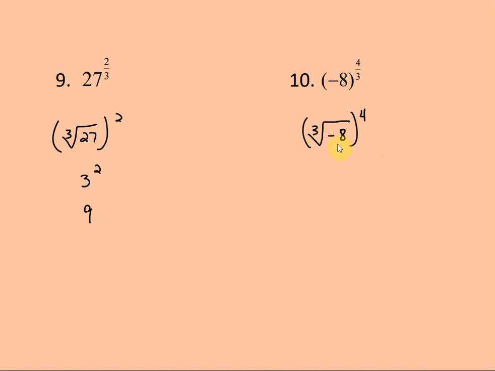So the cube root of -8 is -2, because -2 times -2 times -2 would give us -8. And then we raise that to the 4th power. Any negative number raised to an even power is going to give us a positive number. So -2 raised to the 4th power is going to give us a positive number. 2 to the 4th power is 16.